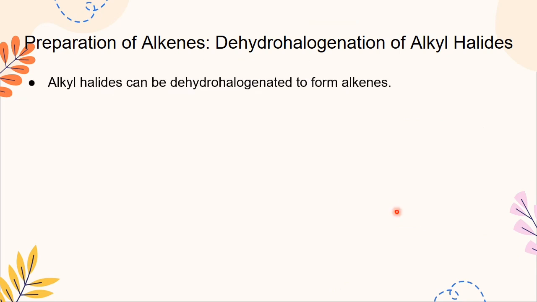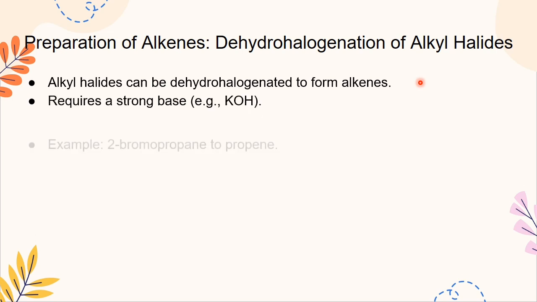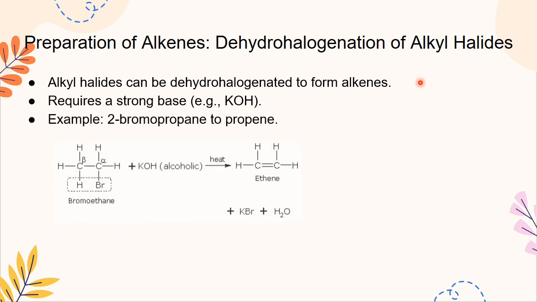Okay, so let's talk about preparation of alkene by the dehydrohalogenation of alkyl halide. When we say we want to prepare it by dehydrohalogenation, it simply means that we are going to be removing hydrogen and halogen from an alkyl halide.